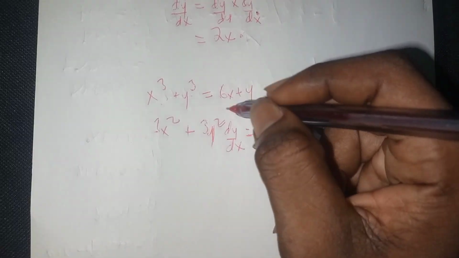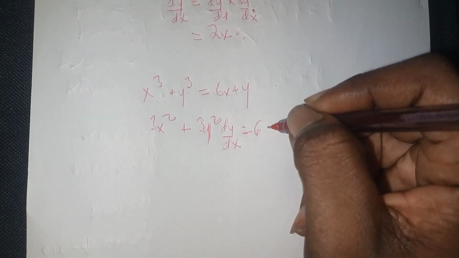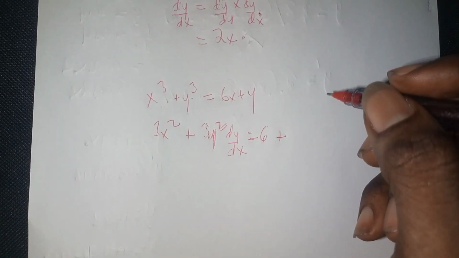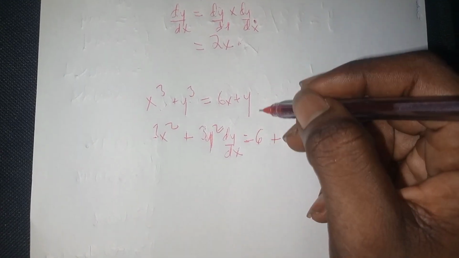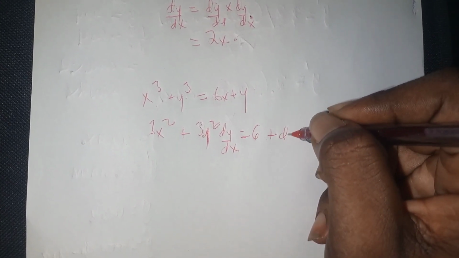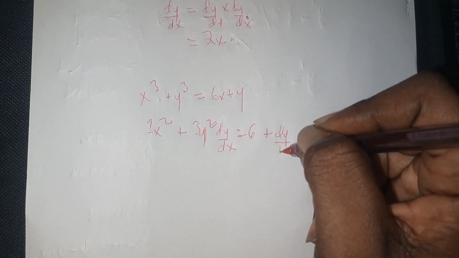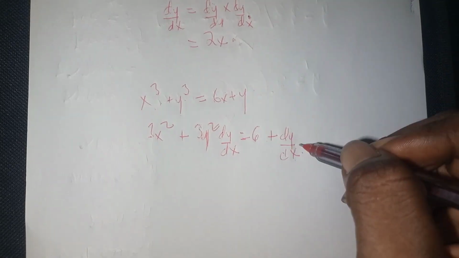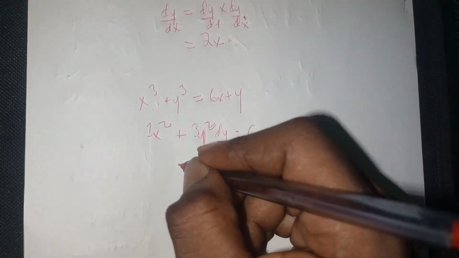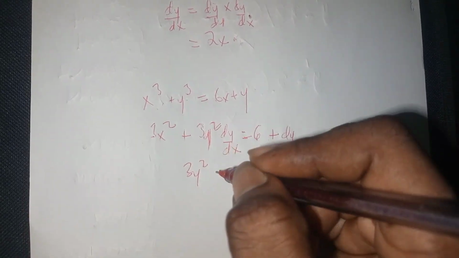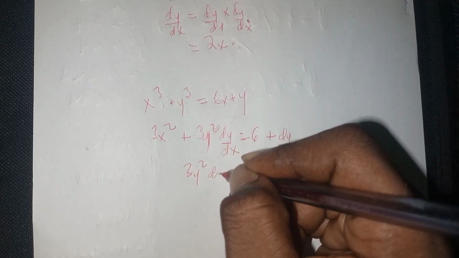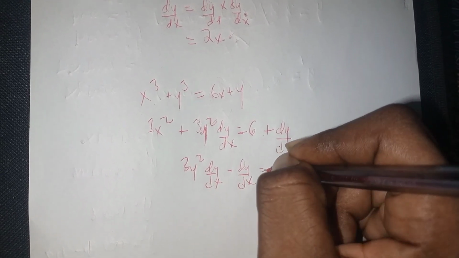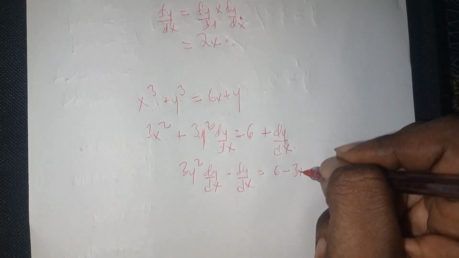Then now we differentiate 6x. Since it's x, we still write 6 over here, plus. Now you differentiate y. So that's going to be dy dx. So this you can group the dy dx on one side. So that's 3y squared dy dx minus dy dx is equal to 6 minus 3x squared.